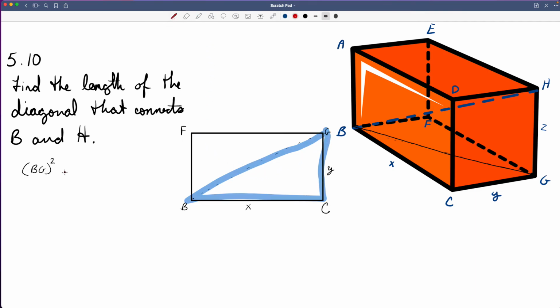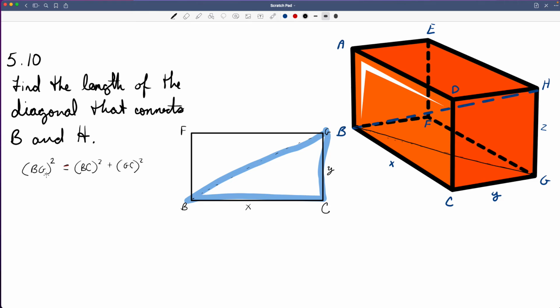So BG squared is equal to BC squared plus GC squared. All right, so that's our Pythagorean's theorem for this.